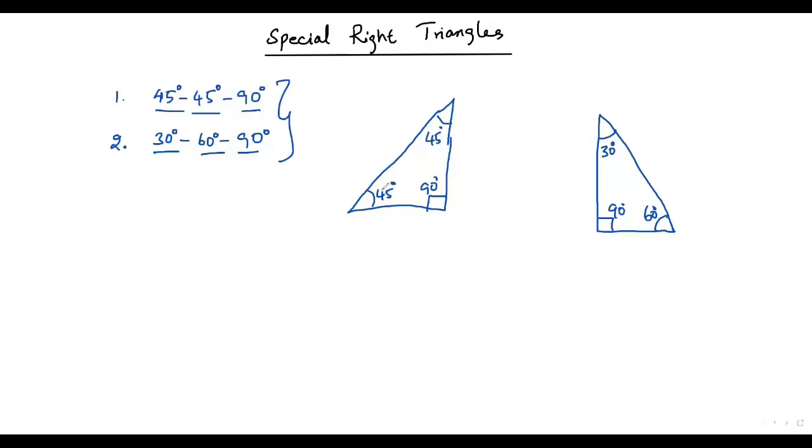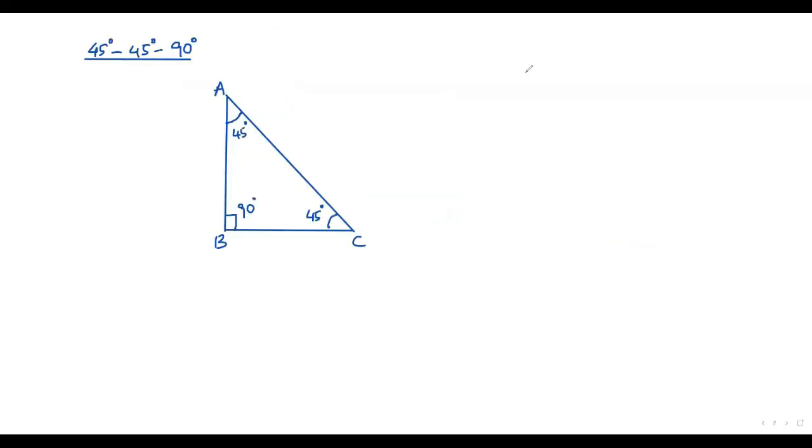In the next part, let's see how to solve for the lengths of the sides of these two special right triangles. Here we have the 45, 45, 90 special right triangle. It is also an isosceles right triangle because two of the interior angle measures are equal. Isosceles means two of the sides must be equal.